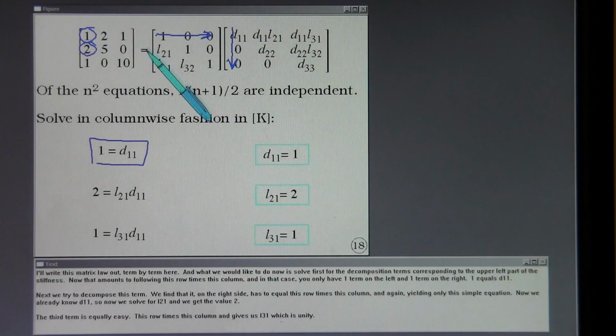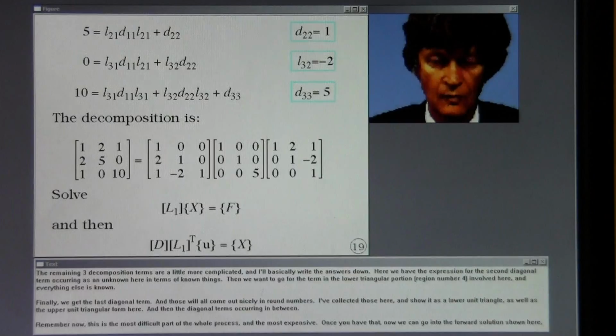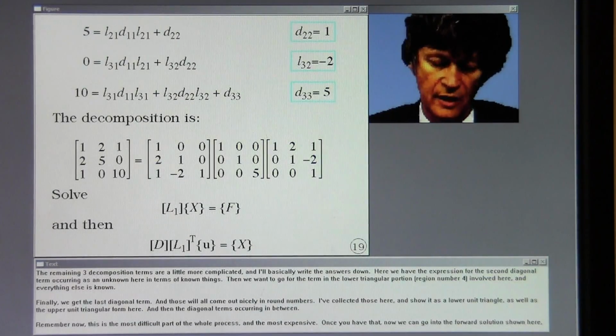We find that it, on the right side, has to equal this row times this column, and again, yielding only this simple equation. Now, we already know D11, so now we solve for L21, and we get the value 2. The third term is equally easy, this row times this column, and gives us L31, which is unity.